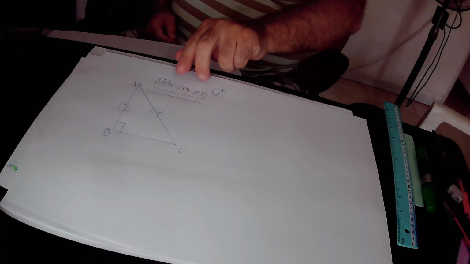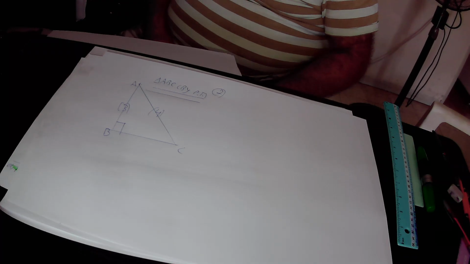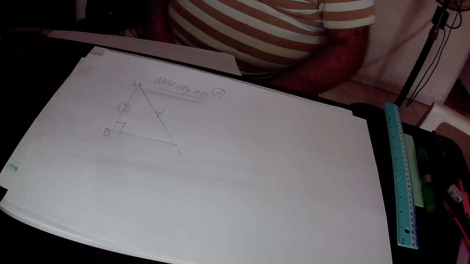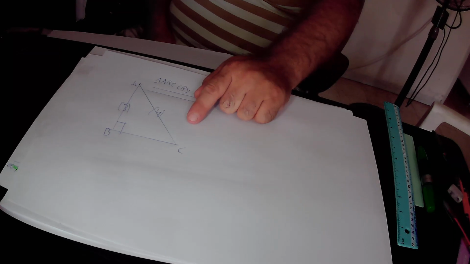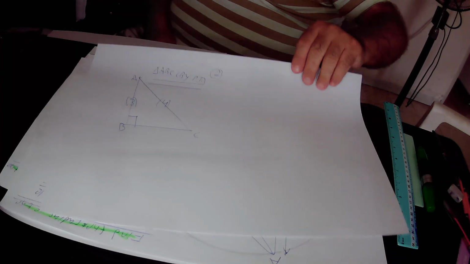So this is the right triangle ABC, and according to the Pythagoras theorem, AC squared, that is the square of the hypotenuse, equals AB squared plus BC squared.